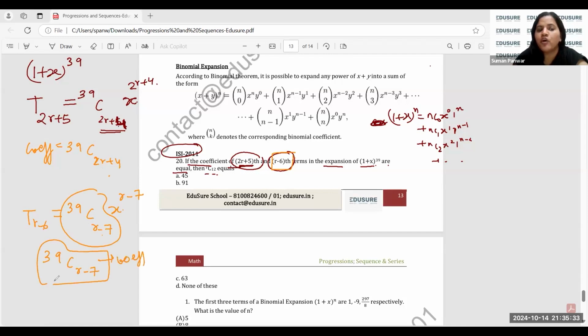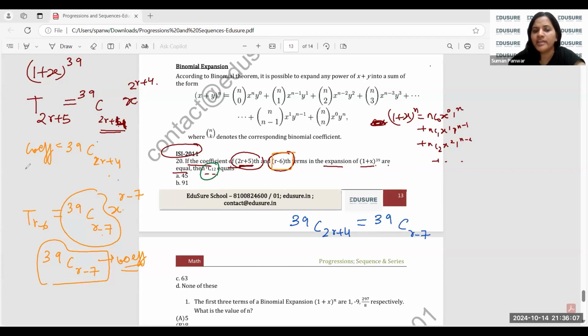The coefficient is the part not involving the variable. What is the variable here? The variable is x, so I have to get rid of the variables. Now the coefficients are equal, so it is given that 39C(2r plus 4) is equal to 39C(r minus 7). Now we have to find the value of rC12.